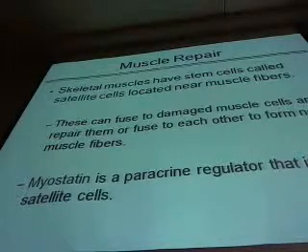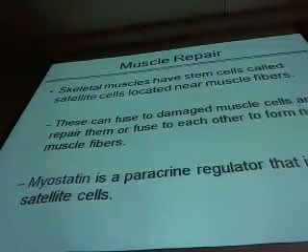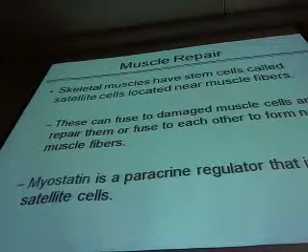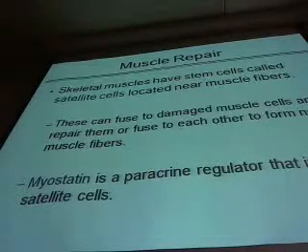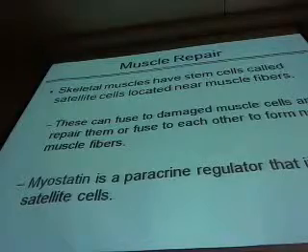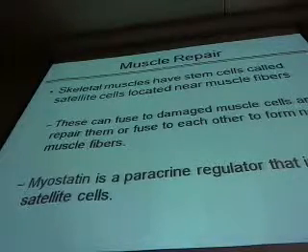Paracrine. Myostatin inhibits the satellite cells. We don't really know why. Animals where they manage to shut the myostatin off create a lot more muscle.